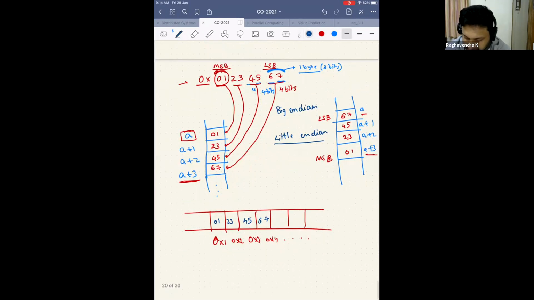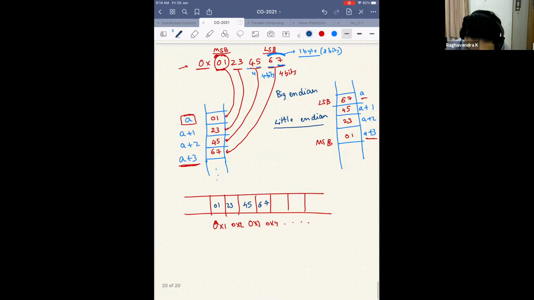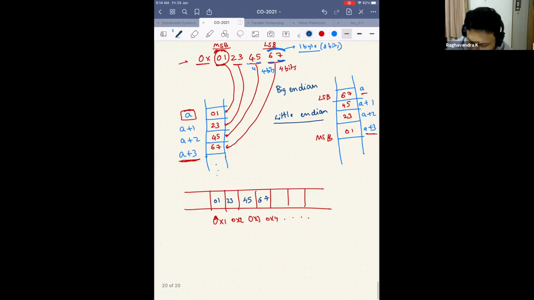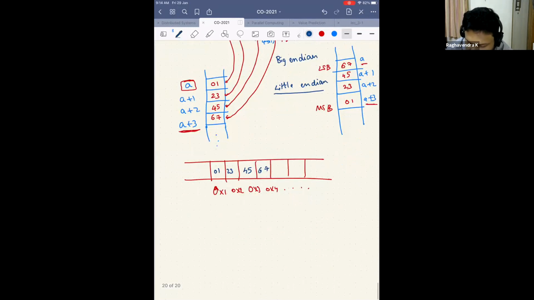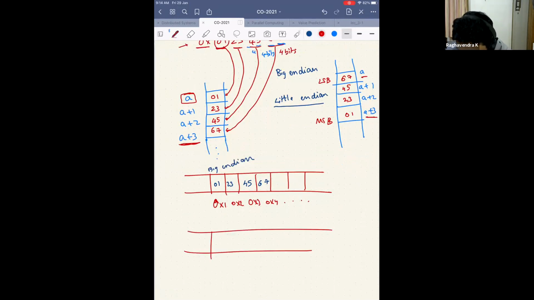So this is Big Endian, the way I am reading, 0, 1, 2, 3, 4, 5, 6, 7. Whereas if it was Little Endian, I would have to store it something like this: 0, 1, 2, 3, 4, 5, 6, 7. So this is Little Endian. The way I store a given piece of data can either be Big Endian or Little Endian.